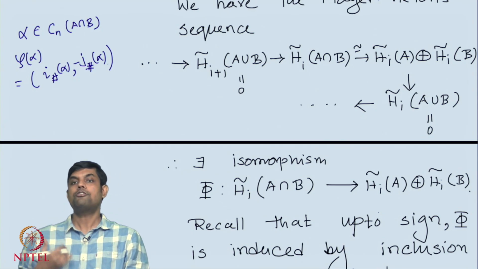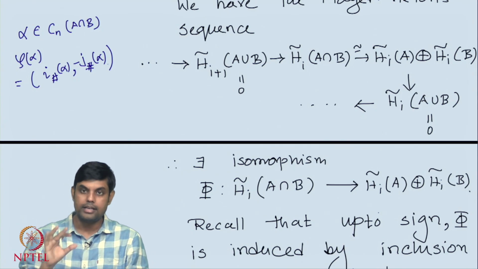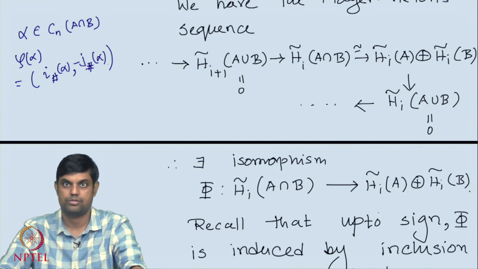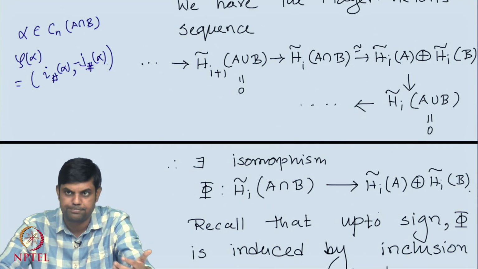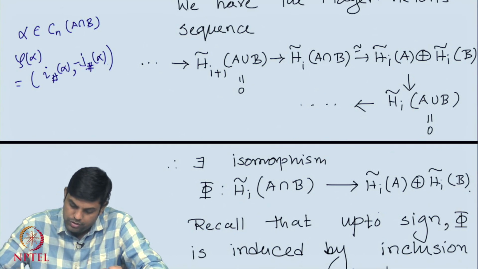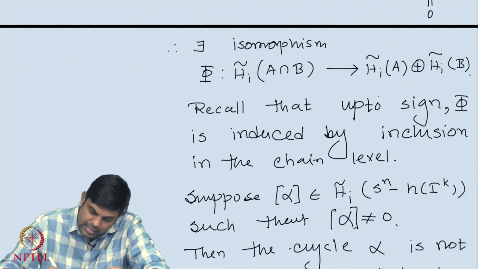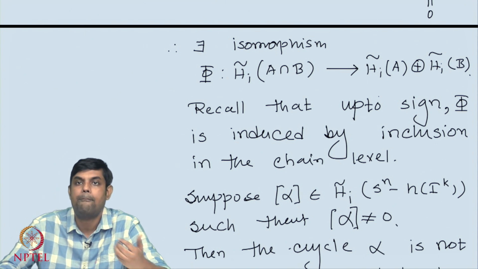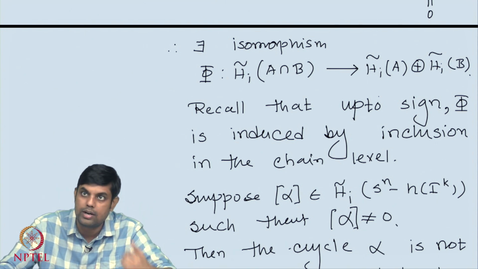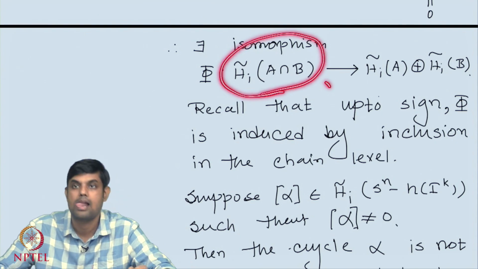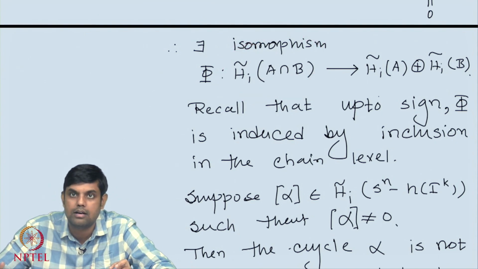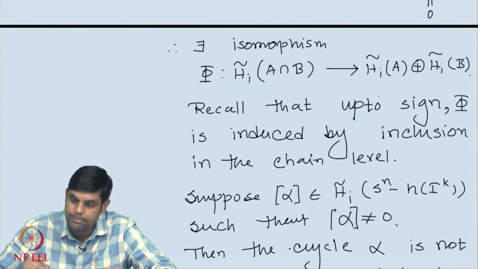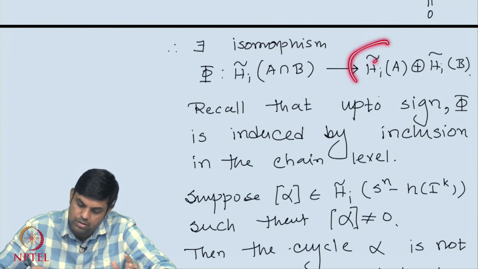So apart from the sign, these are just inclusion maps, the cycles are simply included. So phi is induced by the inclusion map. Remember that. Because up to sign phi is induced by inclusion at the chain level, I can use this map to understand the homology of this one. So all I have to compute now is the homology of these two.